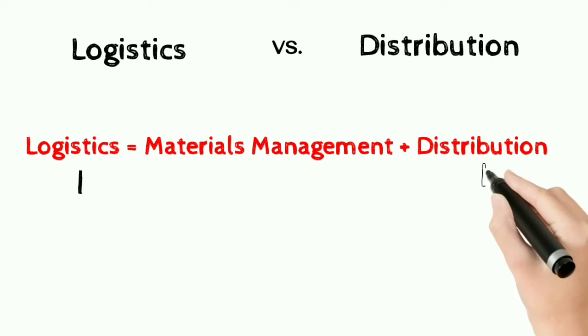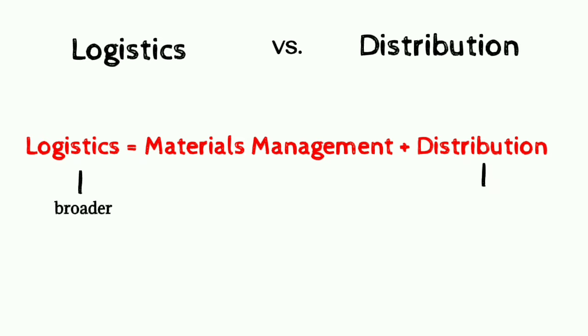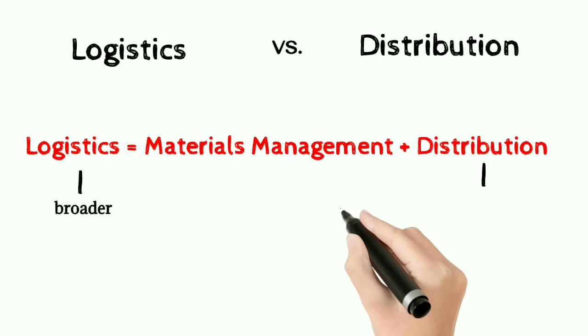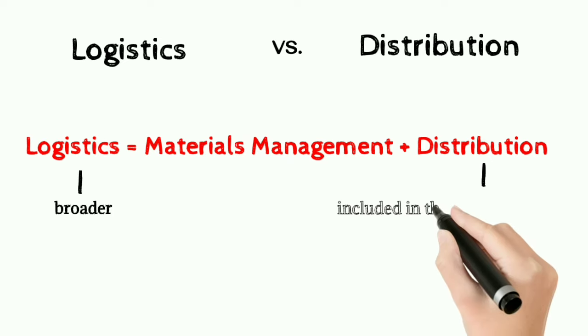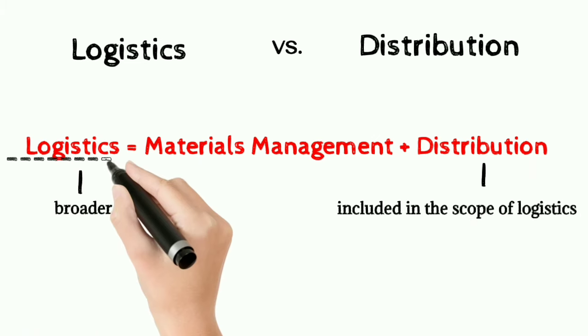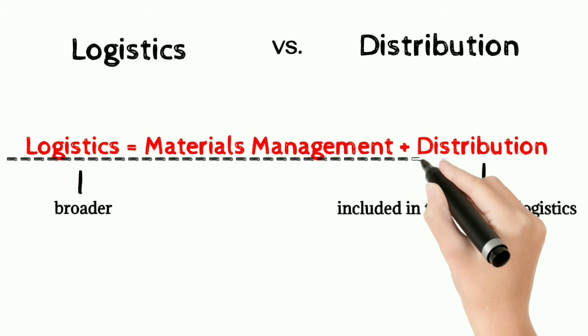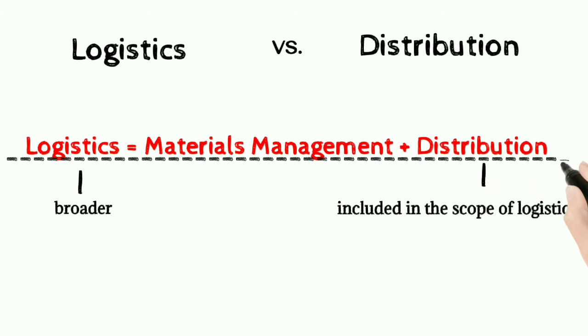Based on this equation, we can say that logistics is broader than distribution because distribution is only a scope of logistics. And logistics doesn't only include distribution but also materials management.